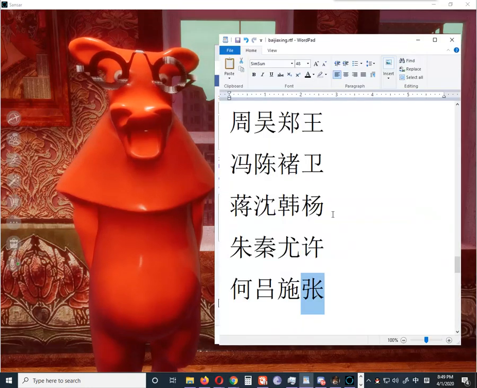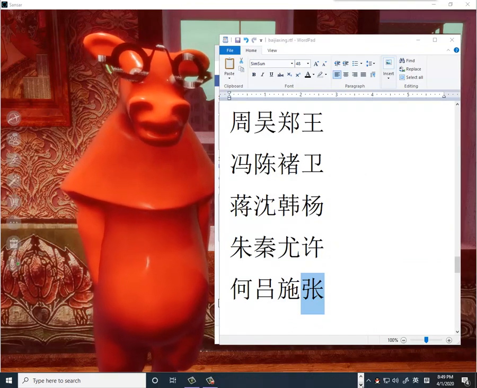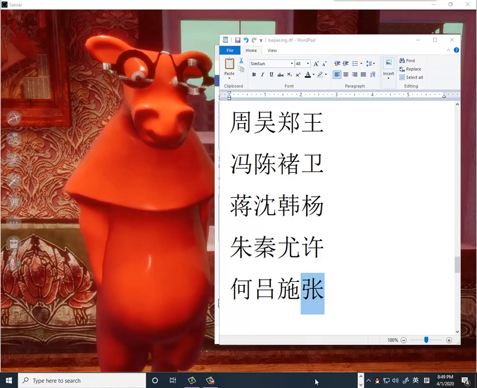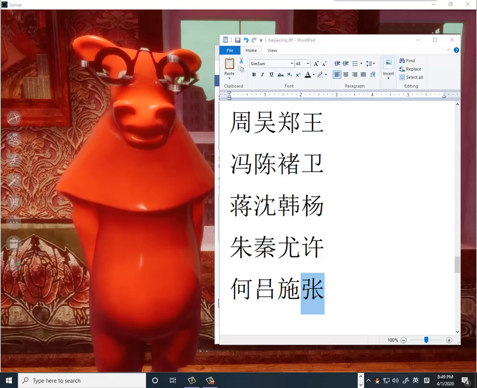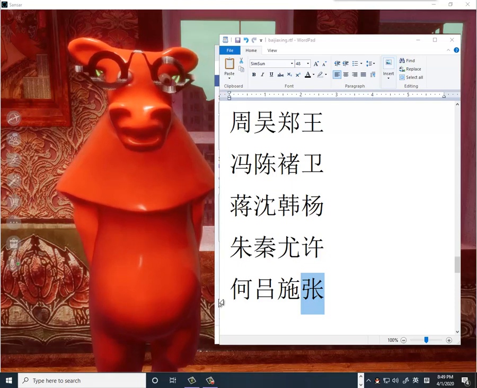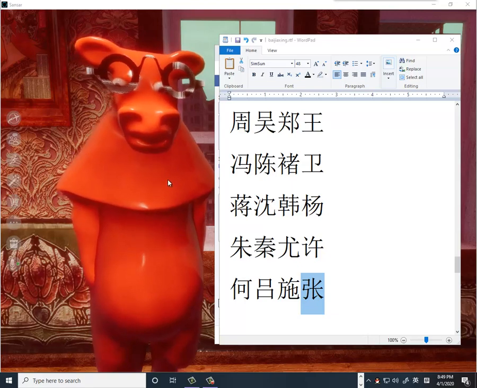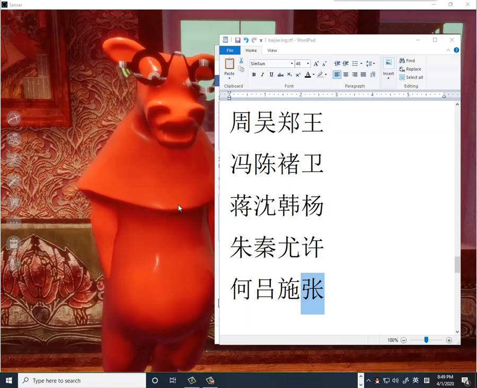So, ladies and gentlemen, this brings us to the end of the next thrilling and exciting and amazing episode of the Reading Cow from Another World.